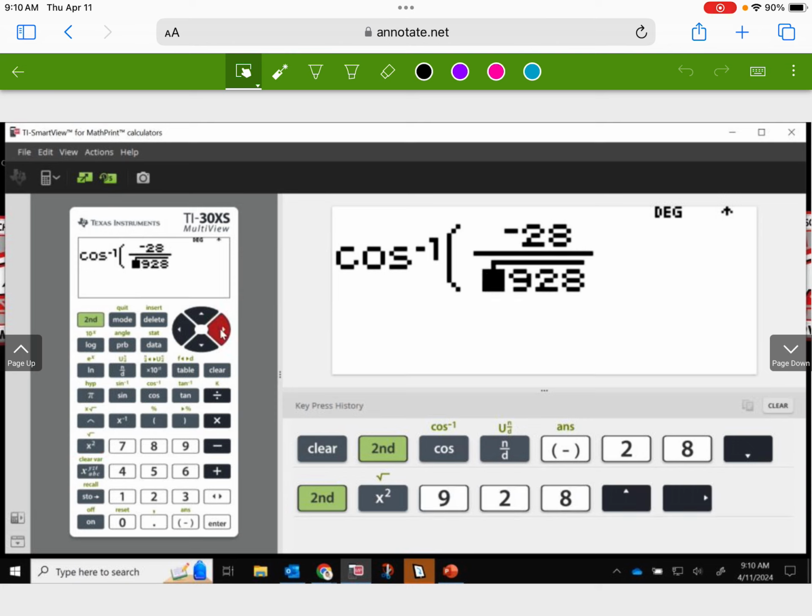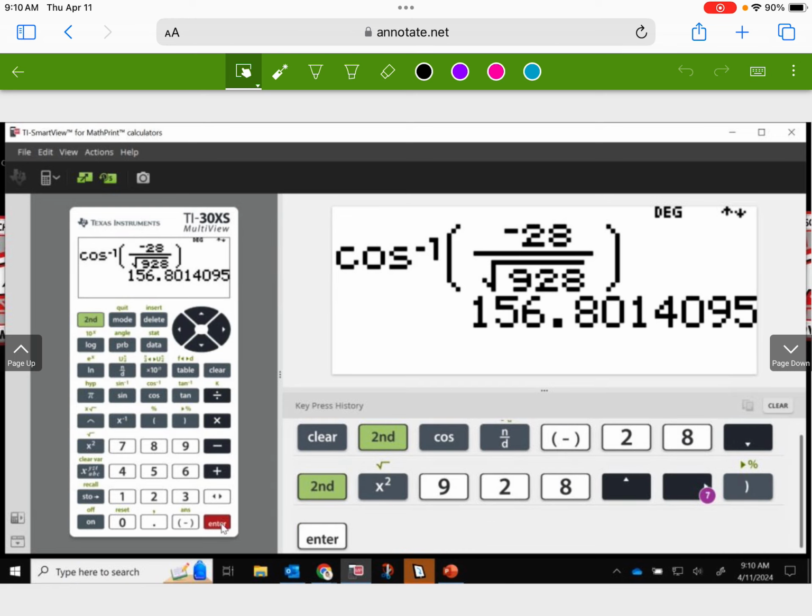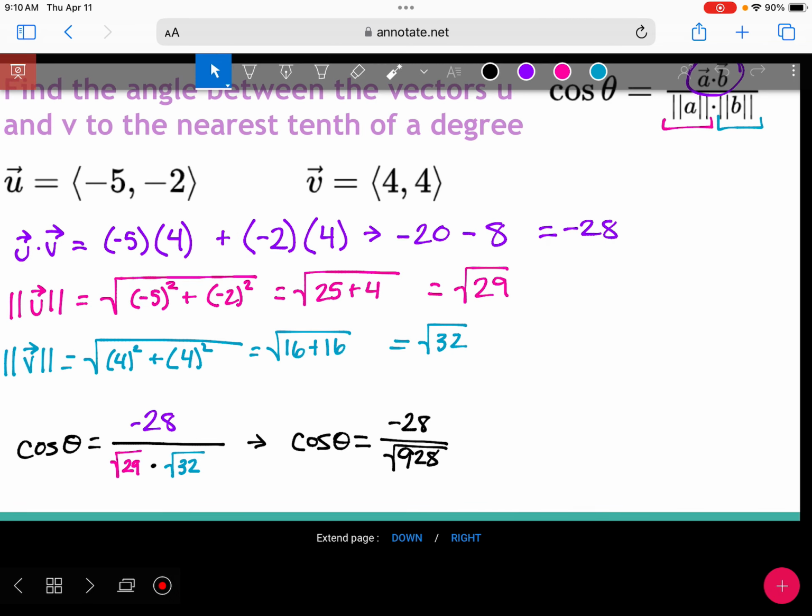And you can just type it in like this. And it's going to give us 156. We did say to the nearest tenth, so 0.8. So theta equals 156.8 degrees. So between these two vectors is an angle of 156.8 degrees.